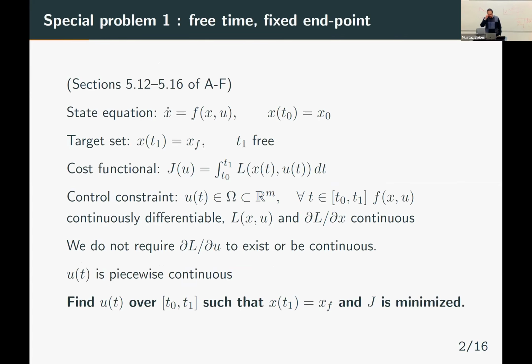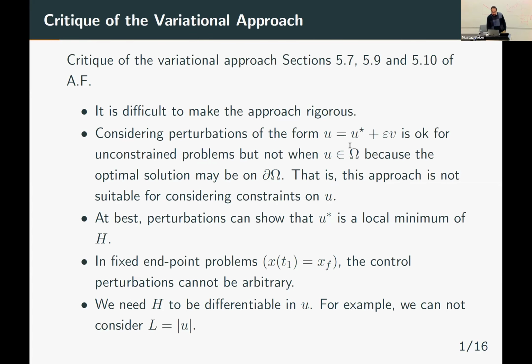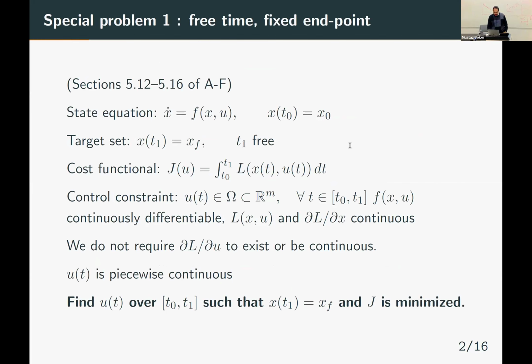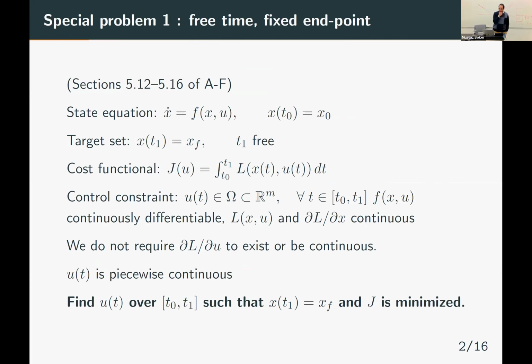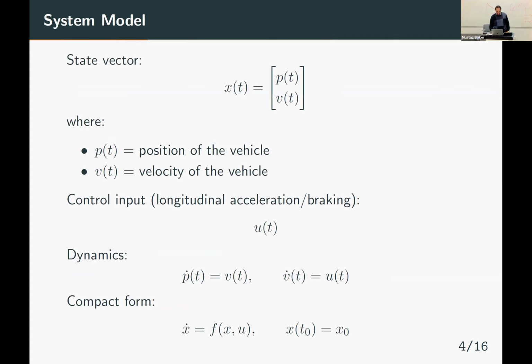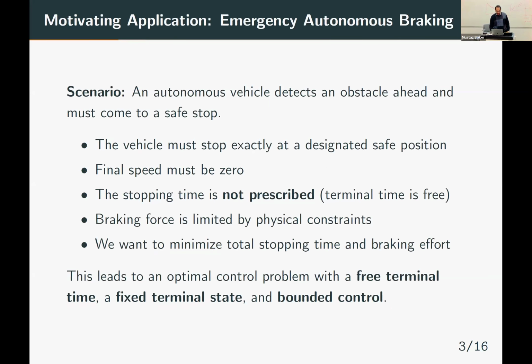So here is a general formulation of what we call special problem 1, which is the case when we have free time and fixed endpoint. I gave here a motivational example about an emergency braking system, an autonomous system.